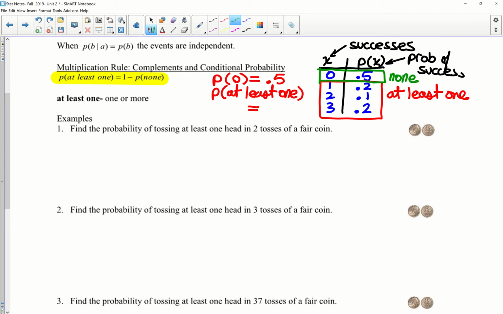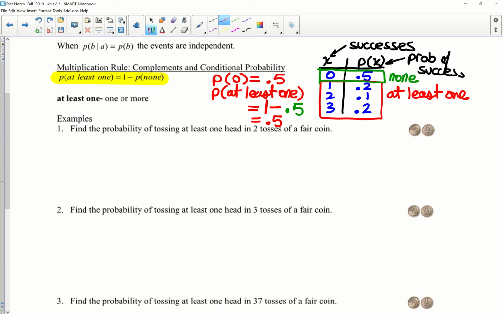And subtract that from 1. So I could say 1 minus the probability of getting none, which is 0.5. And the result would be equal to 0.5. All right, so either way, you're going to get 0.5.